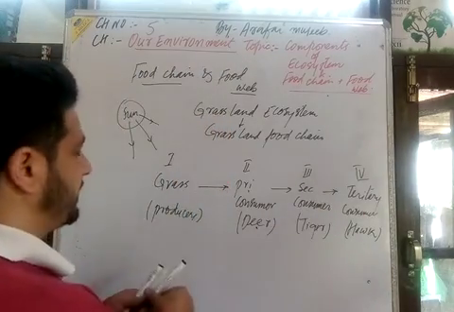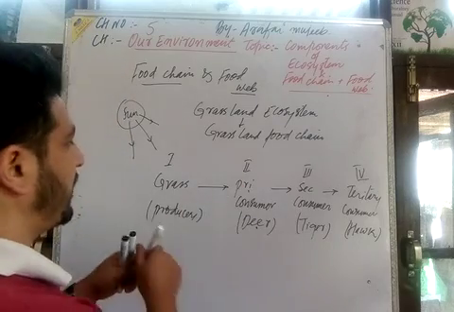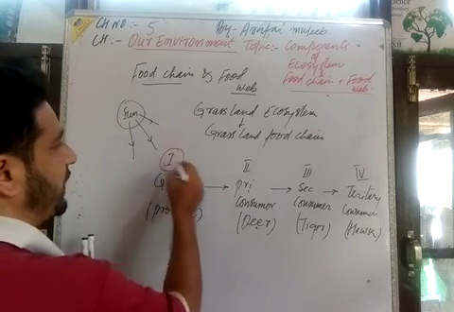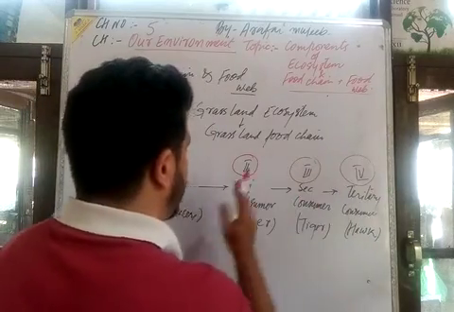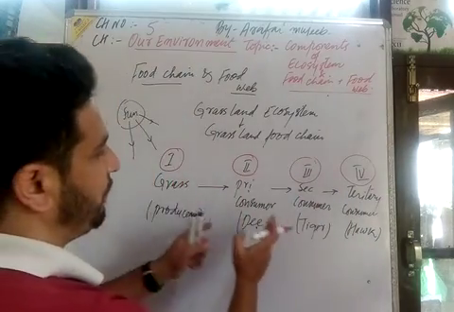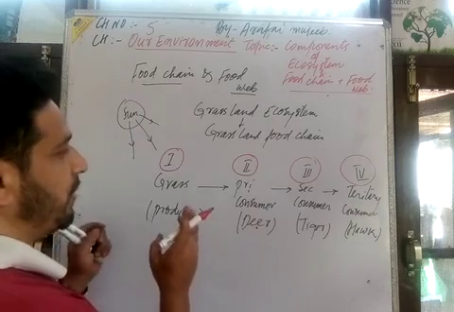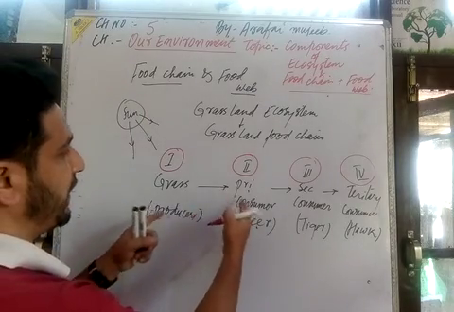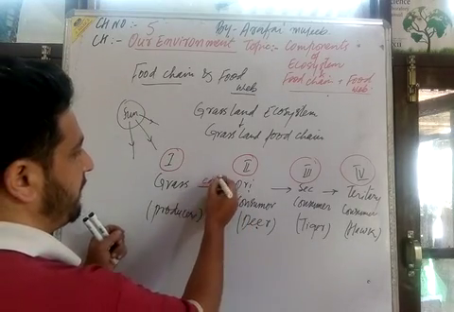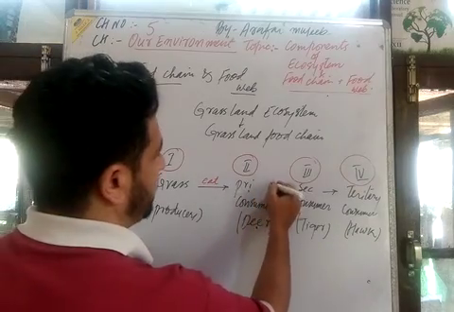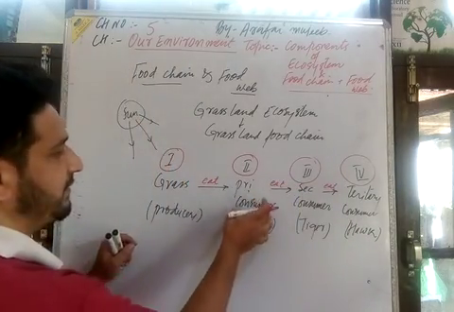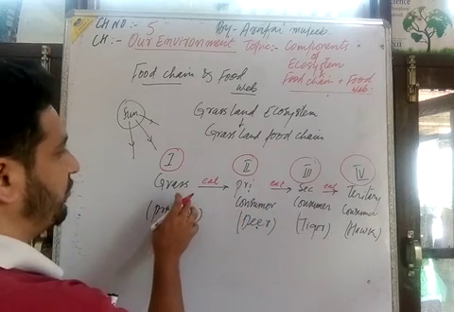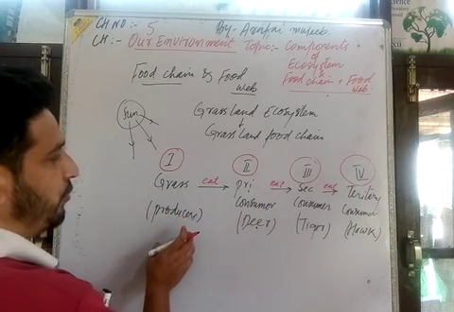You see, there is a separate trophic level each time. I am going to explain the food chain: first trophic level, second trophic level, third trophic level. At each trophic level, organisms obtain food when they eat, and there is a flow of energy. When the primary consumer feeds on the grass, it obtains the producer's energy.